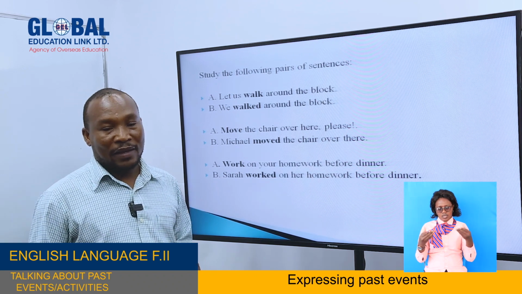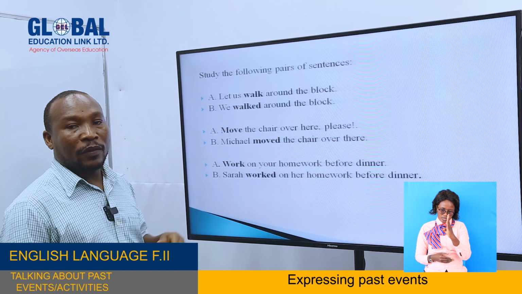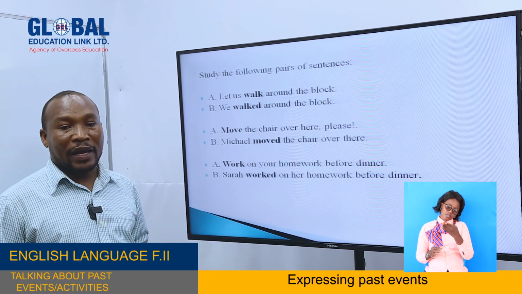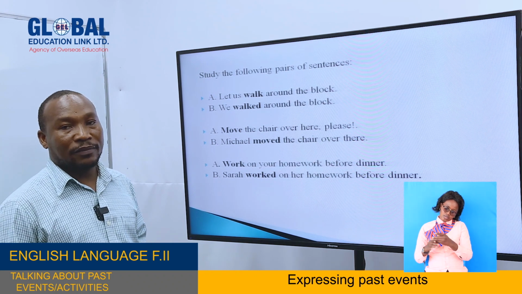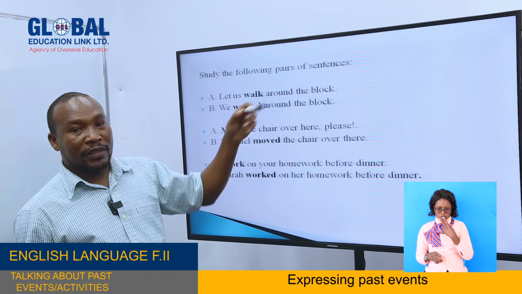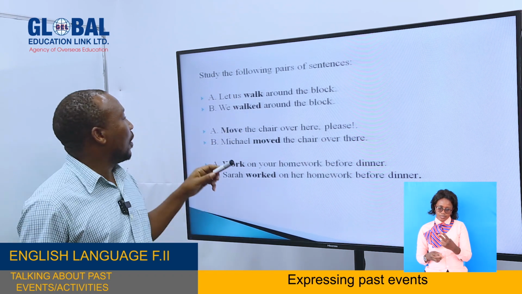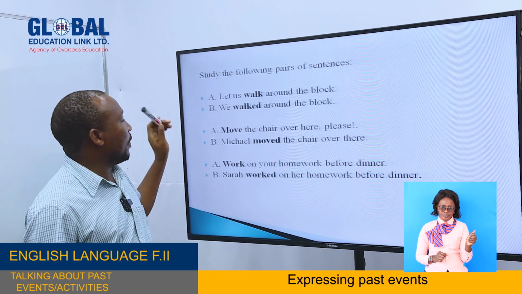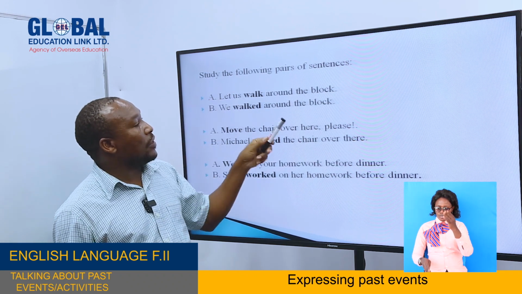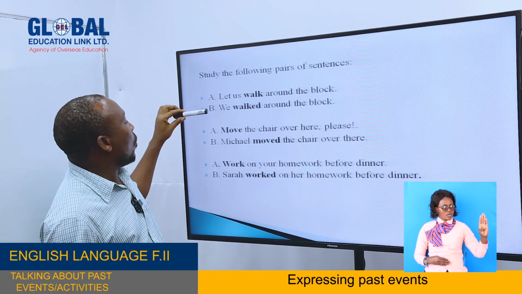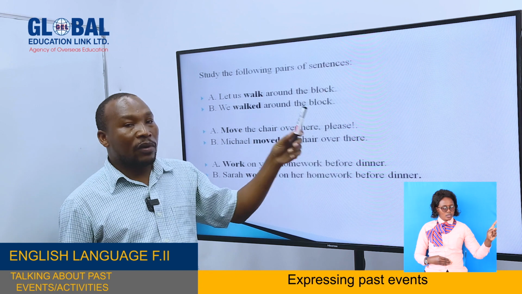Dear students, after we have seen the verbs and how they change to their simple past tense, now let's see these pairs of sentences, how these words can be used in a sentence. Study the following pairs of sentences. First pair. A. Let us walk around the block. B. We walked around the block.